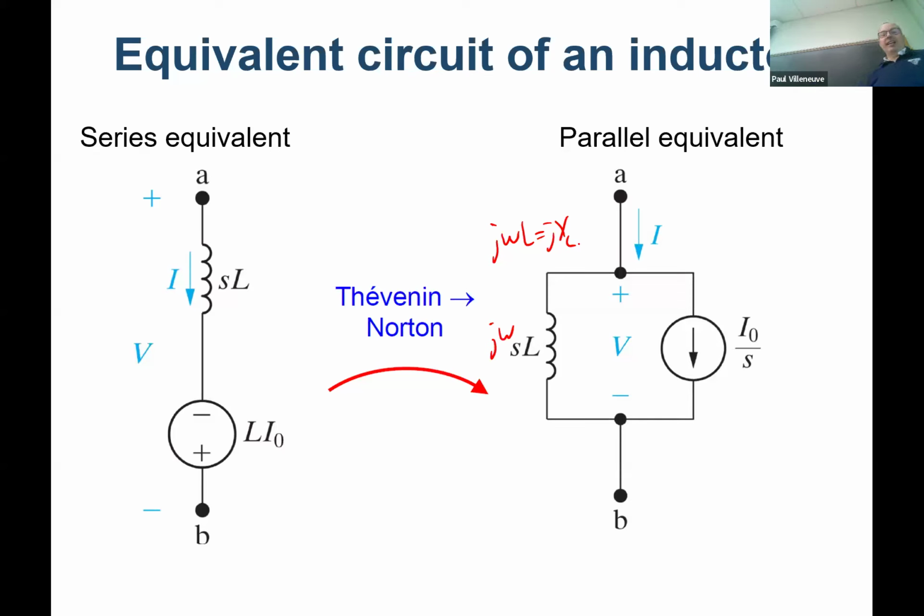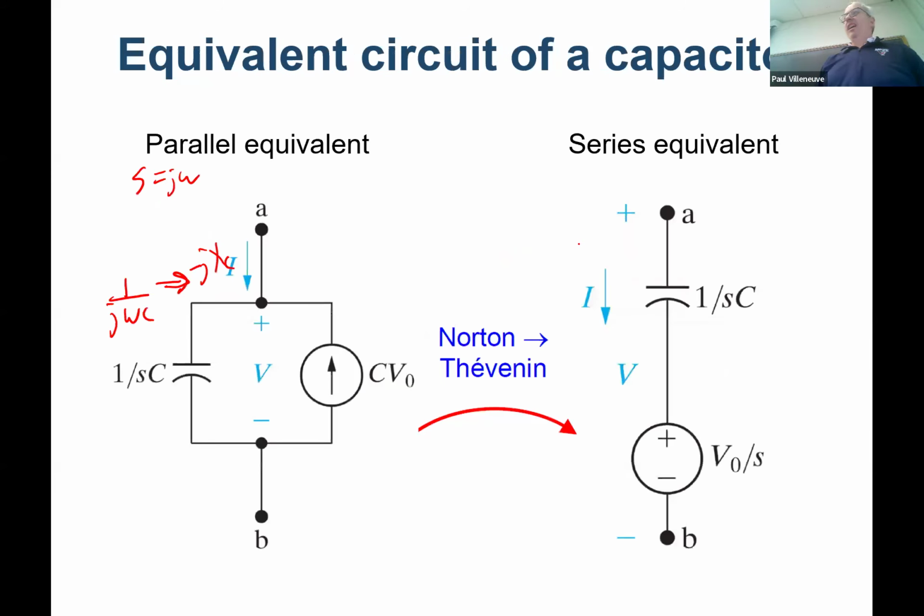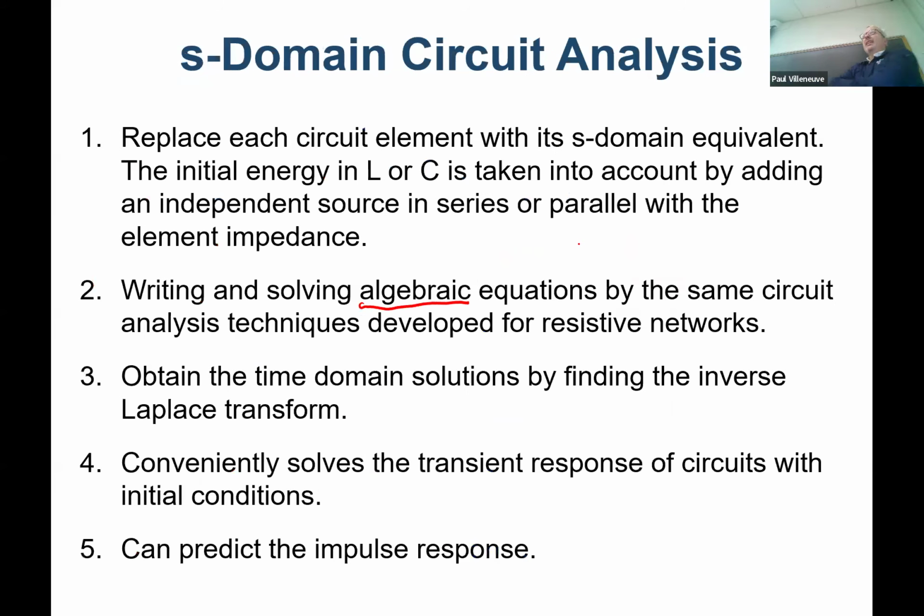So AC circuit analysis is a very specific application of Laplace when you have a sinusoidally varying input. Then you just substitute in j omega. But for us, we have to do more than just sinusoids. We have to be able to do any time domain input.